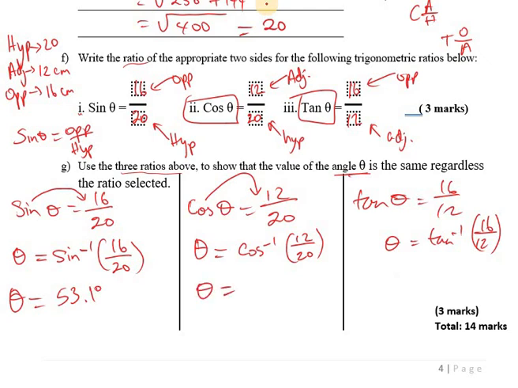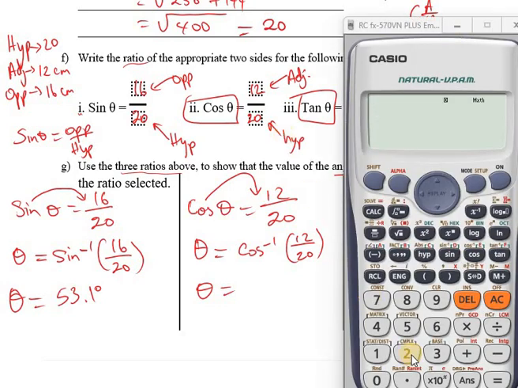Let's look at the next one. Theta equals cosine inverse of 12 over 20. We press shift, then cosine to get the inverse option, then enter 12 divided by 20, equal, and get the same 53.13, etc. Let's try with the tangent now.